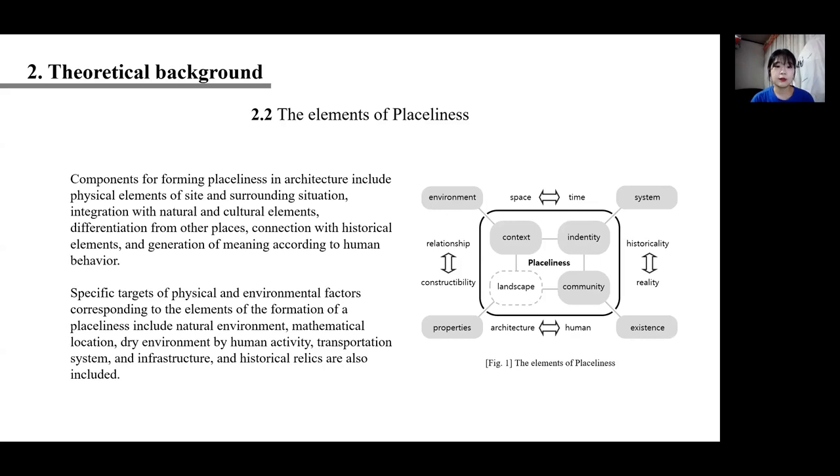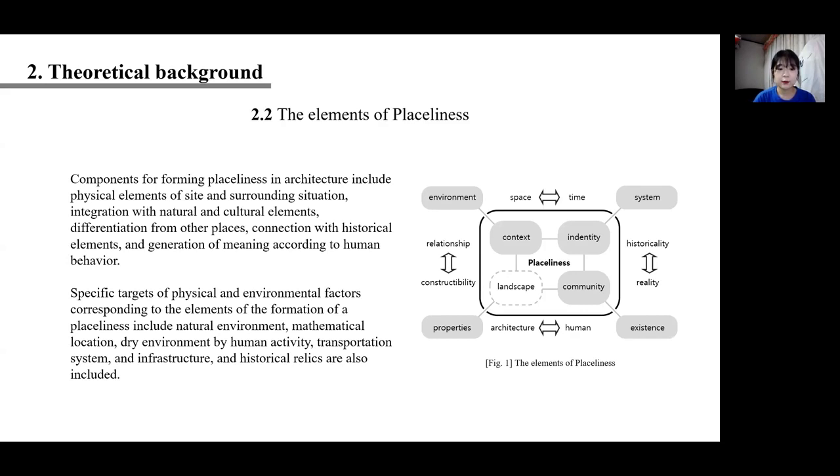Components for forming placeliness in architecture include physical elements of site and surrounding situation, integration with nature and cultural elements, differentiation from other places, connection with historical elements, and generation of meaning according to human behavior.